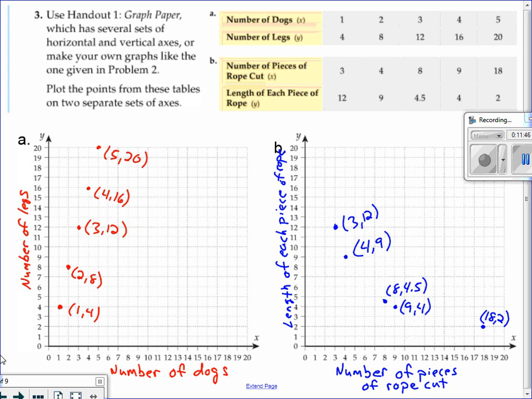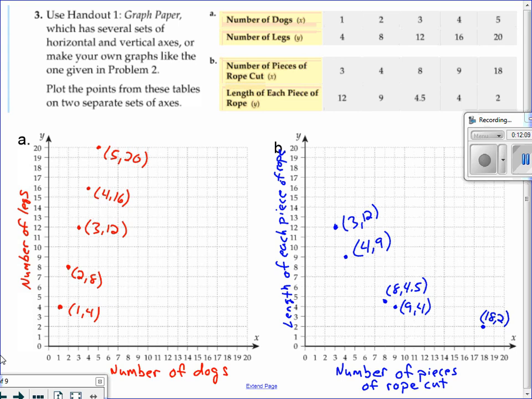When that happens, if y increases as x increases, your graph is going to go up as you go from left to right. And you can see that in this graph with the dogs. If I go from left to right, you'll notice that the points go up. Okay, they start going higher and higher.